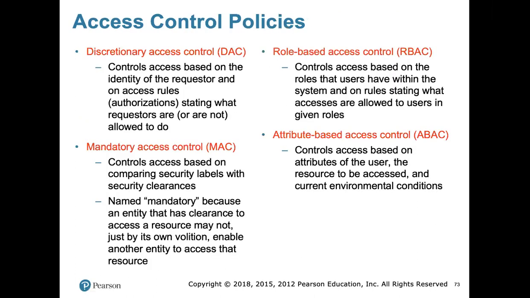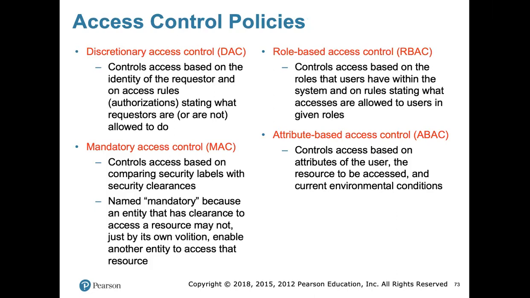Okay, now I'm going to talk about the access control policies that we have in general. We have 4 categories or approaches to implement access control policies. The first one is called discretionary access control.